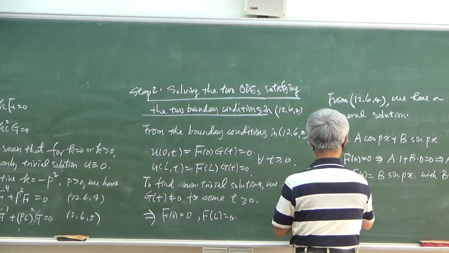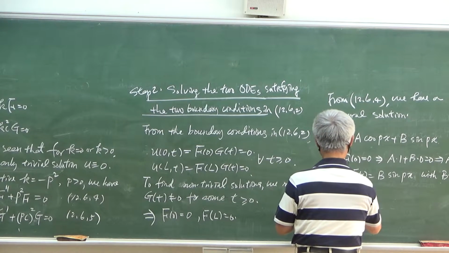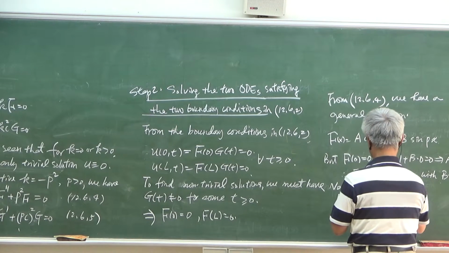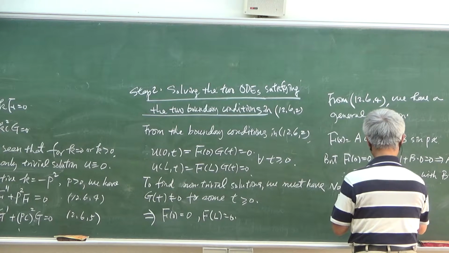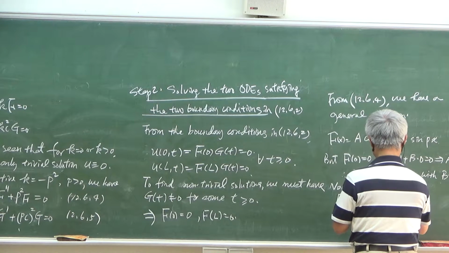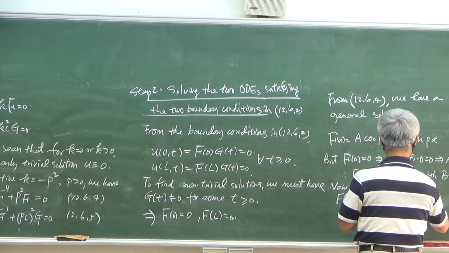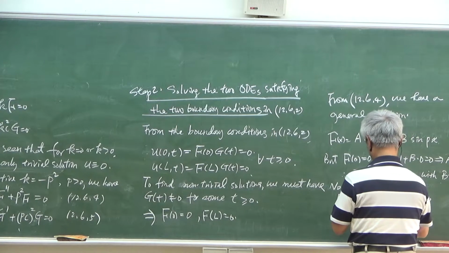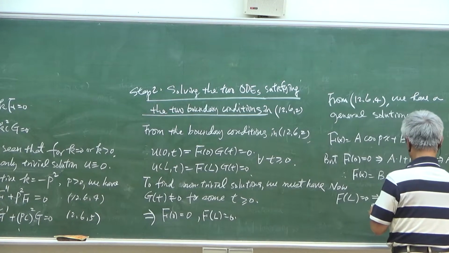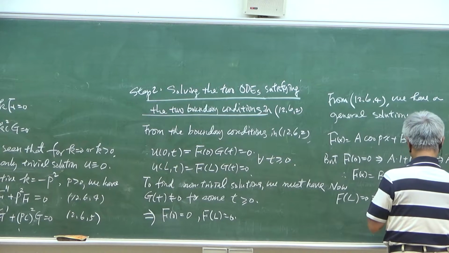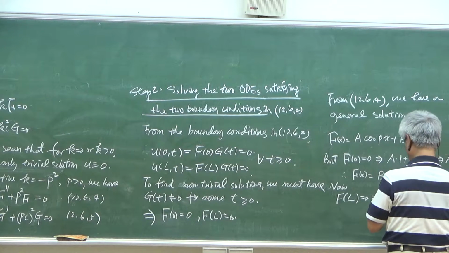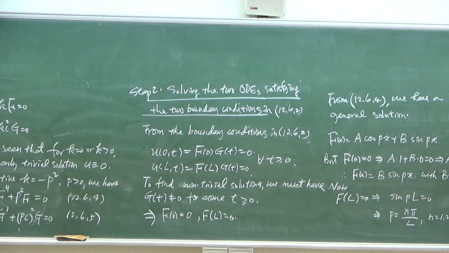Now, fL equal to 0 implies that sine pL equals 0. So it implies that p is equal to n pi divided by L, with n equal to 1, 2, 3, as before. Right?